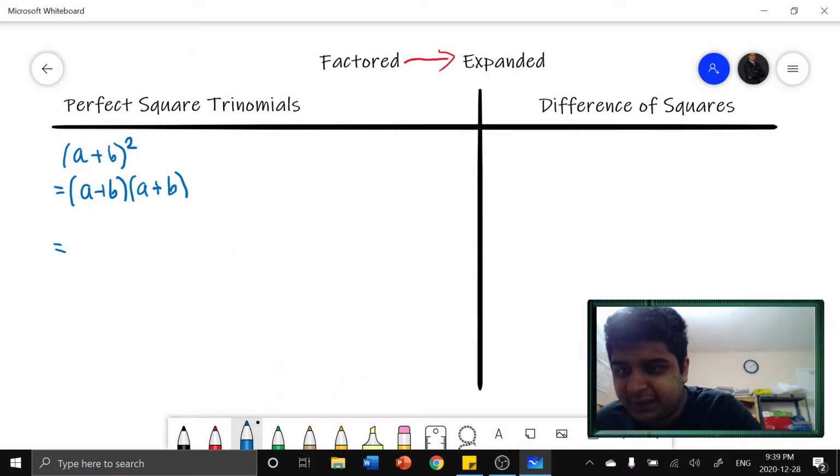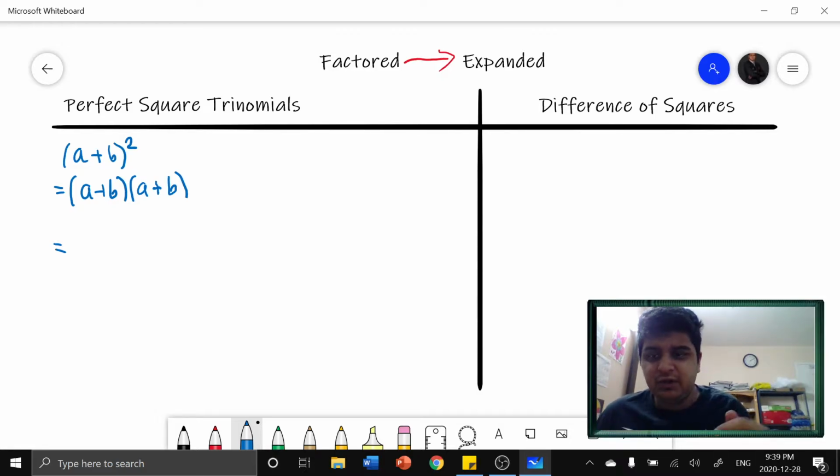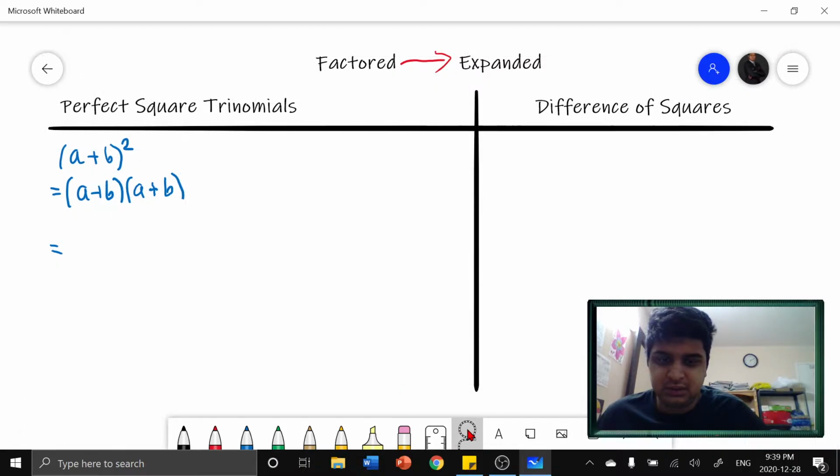We have to do our foiling, right? Now, how do we FOIL? Let me move this down a little so I can draw on it.